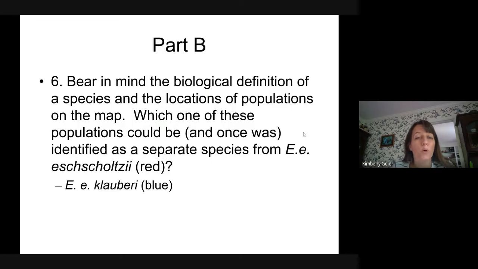Those blue ones, the klauberi, were once considered a separate species because they're in the same place as the red and they are not interbreeding and producing fertile offspring.